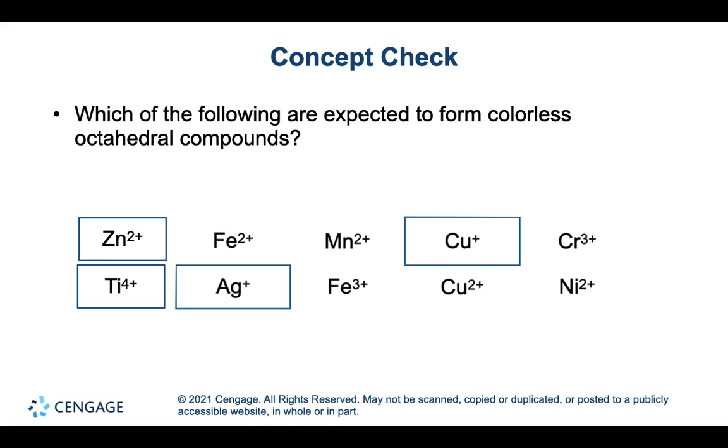With the 3d10 arrangement, there is no ability to have any movement of electrons within the d orbitals because they're already full. Same thing with silver +1. Titanium +4, you would not see any color because you have no electrons in the d orbitals because you've lost the 4s2 and the 3d2. The others would all have examples where there are electrons in the d orbitals, and so there's some movement of electrons between the t2g and the eg, so you'd have color.